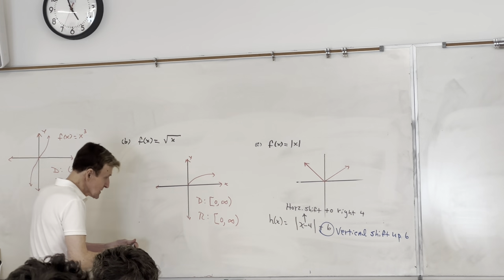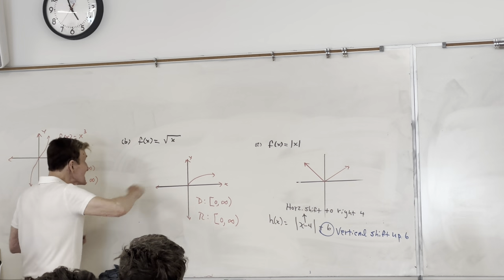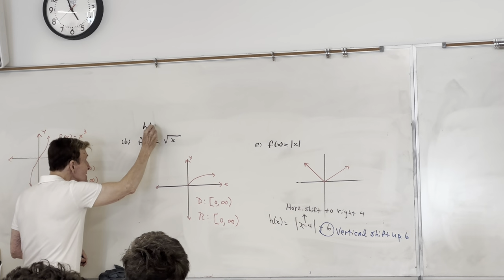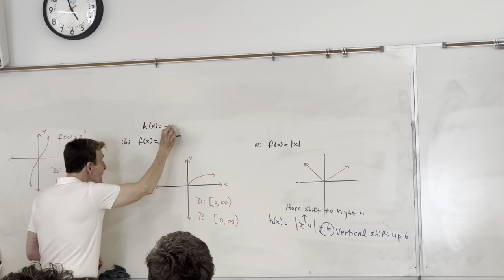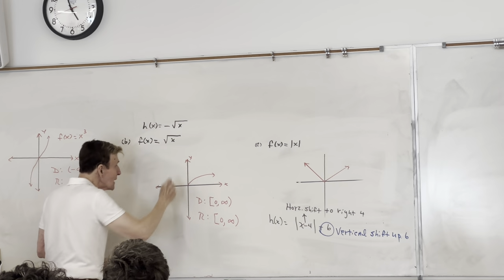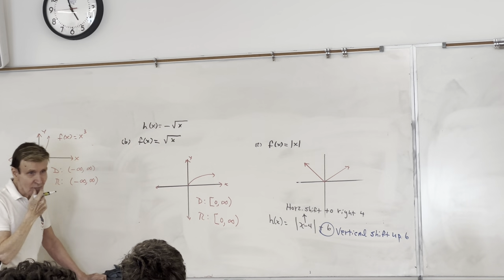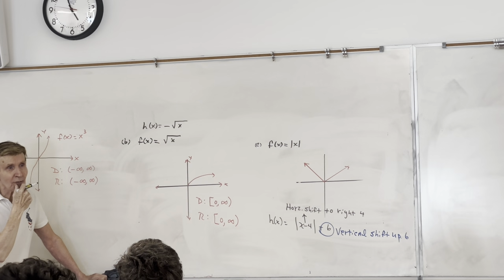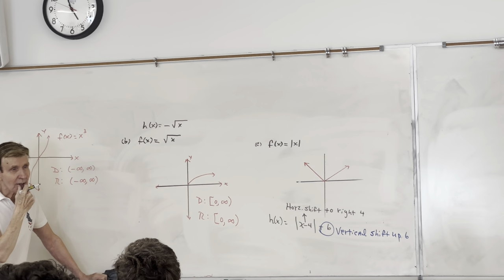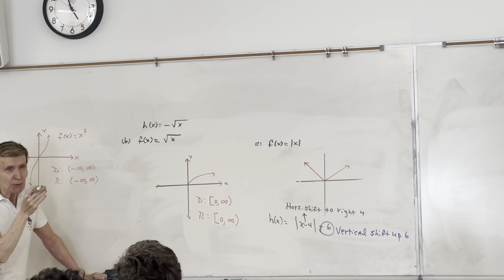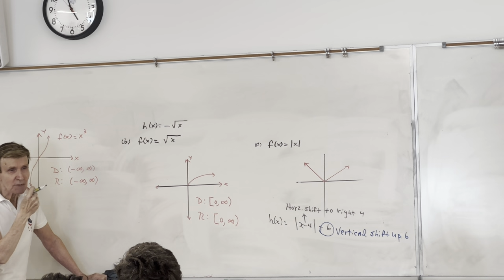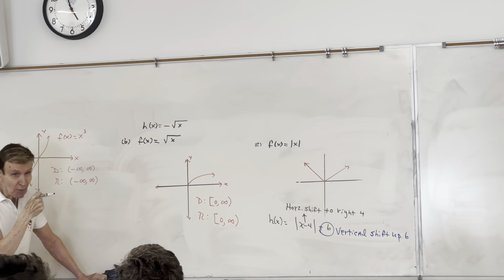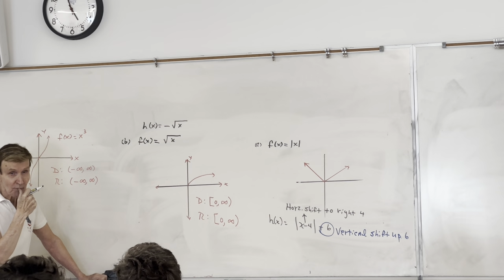Before I leave it, anyone tell me on this one? Suppose, just out of curiosity, I have h of x, and I want you to do this on this red graph. Let's throw a negative sign in front of the square root. Can anyone tell me, even though I have not done this with you guys yet, just trying to get some discussion, what do you think that will do to that red graph? John? Flip it around the x-axis.